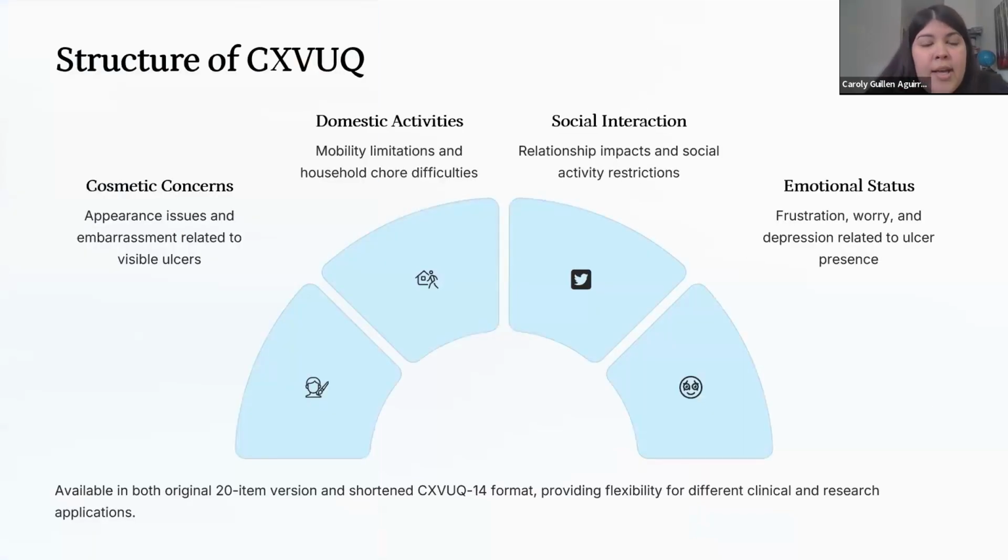The structure it has: the main cosmetic concerns, where the appearance issues and embarrassment related to visible ulcers are taken into account; the domestic activities, mobility limitations, and household chores difficulties; social interaction with relationship impacts and social activity restrictions; and emotional status with frustration, worry, and depression related to the ulcer presence.